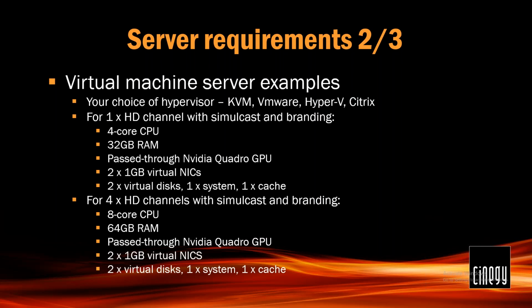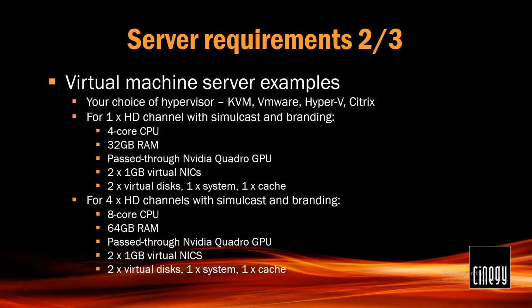Then you want 2 virtual NICs for the same reasons you want 2 physical ones. And you will, again, likely be pulling in content from separate storage, so you'll want a cache disk. For going to 4 channels, bump it up to 8 cores, 64 gigs of RAM.